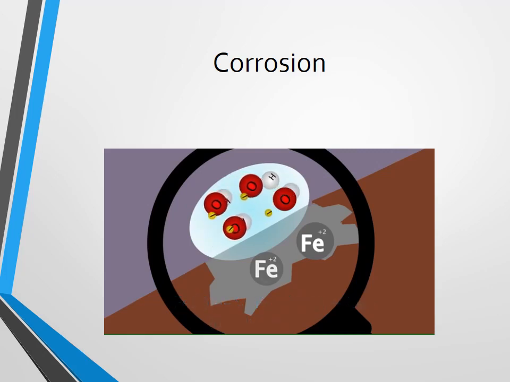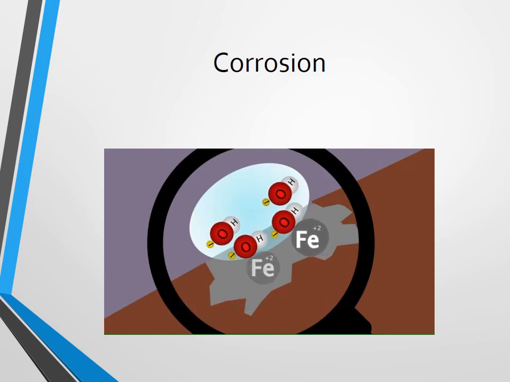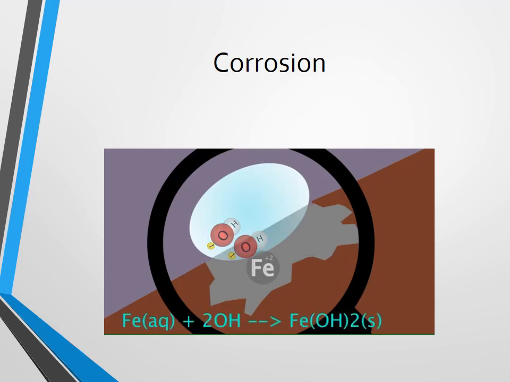Next, electrons are released and flow throughout the droplet, where the oxygen dissolved in water receives electrons to form a hydroxide ion. This is the reduction process. Next, iron 2 ions combine with hydroxide ions to form iron 2 hydroxide.